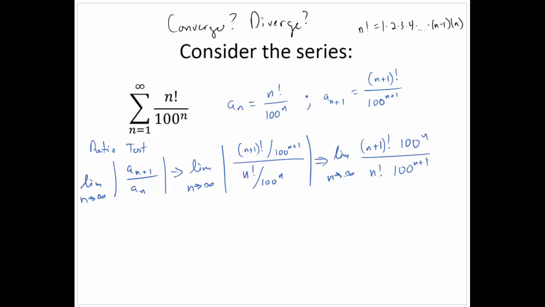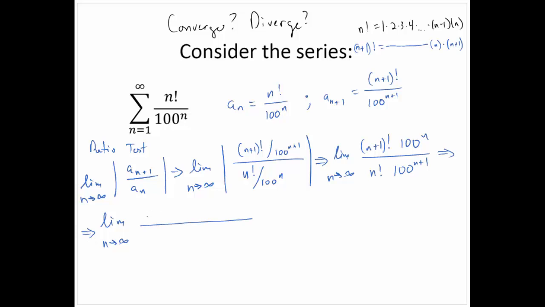All right, so now we have to simplify this. Limit n approaching infinity. Now, what is n plus 1 factorial? Well, n plus 1 factorial would be 1 times 2 times 3 times 4 times n plus 1. So, let's see.